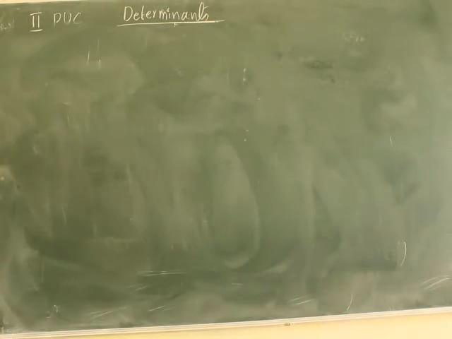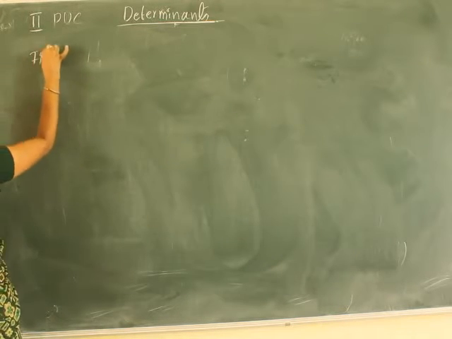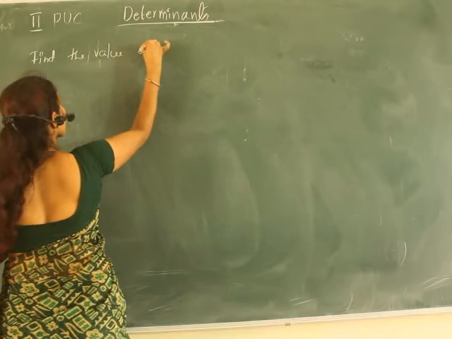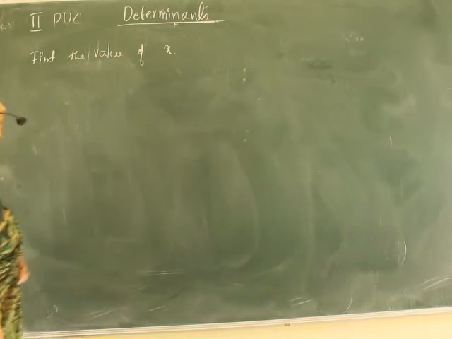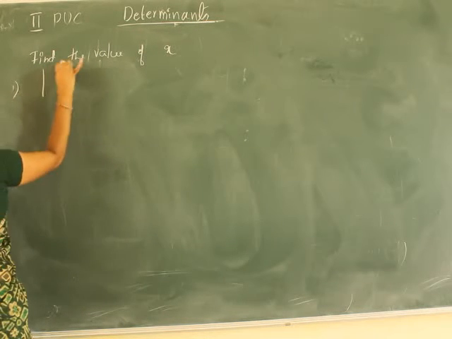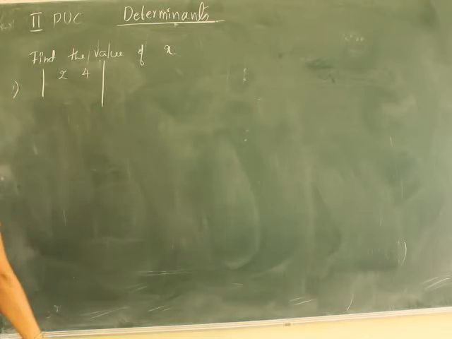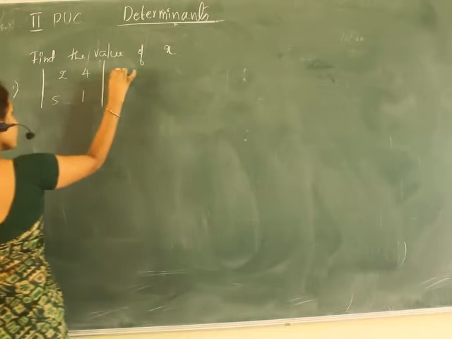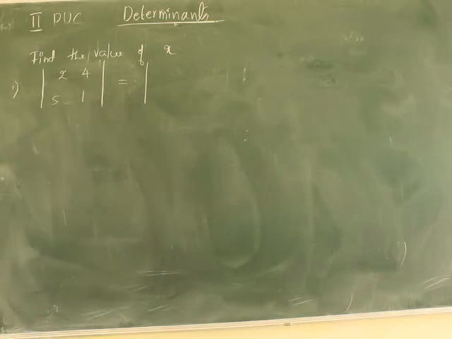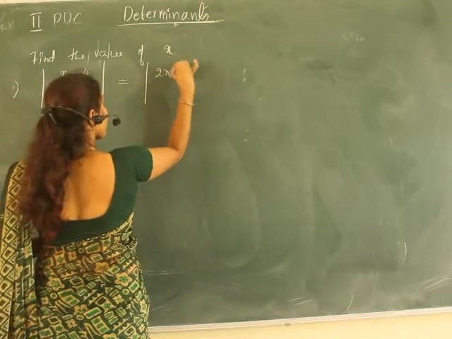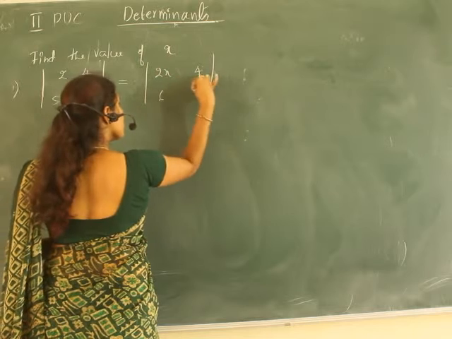Next is to find the value of x. First one, the determinant of 2 4, 5 1 will be equal to the determinant of 2x 4, 6 x.